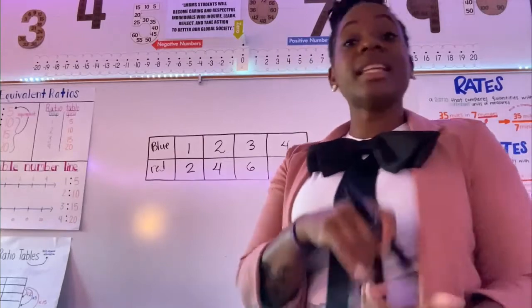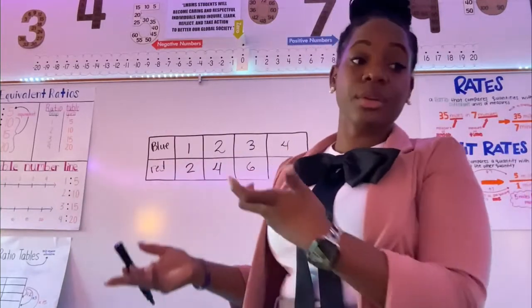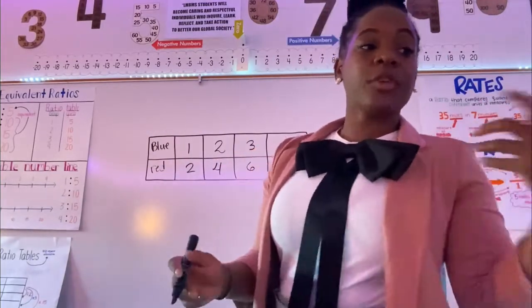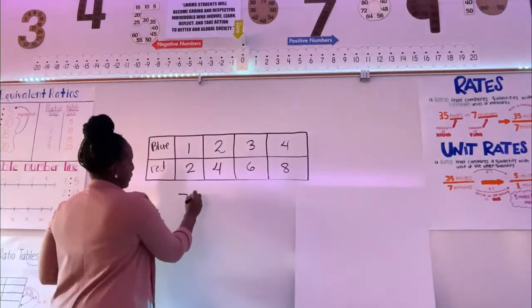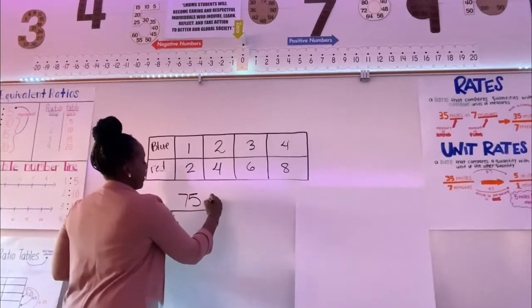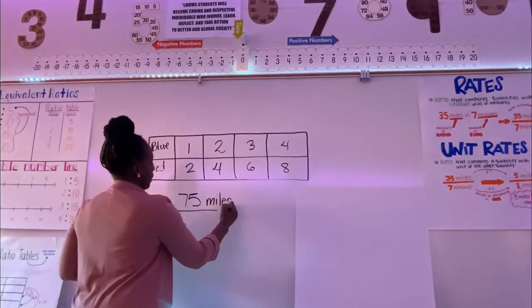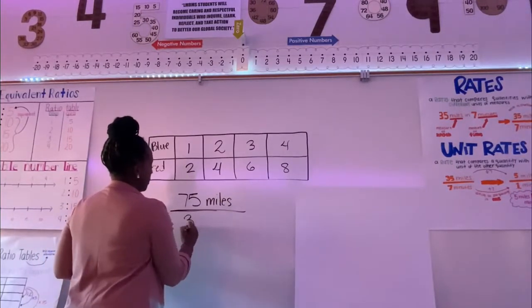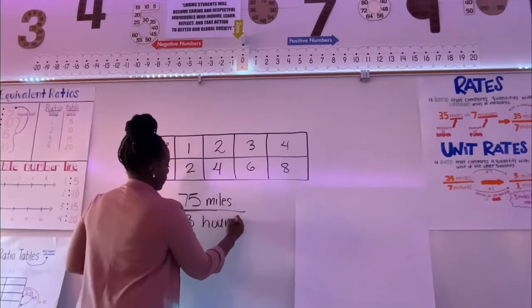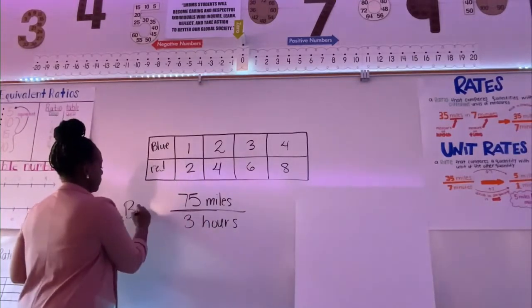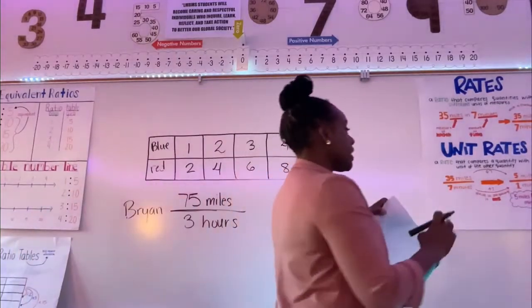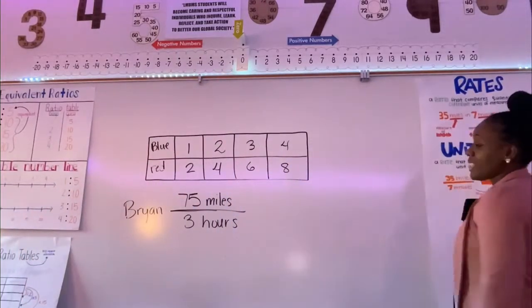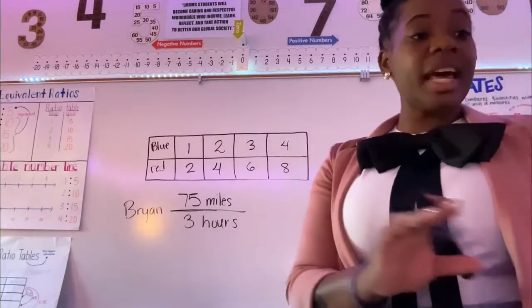But if I take the next one, right, and create a unit rate based off of that. So for Brian's, his is 75 miles for 3 hours, and this represents Brian. And then we have Shanice, right? If we look at the graph, we trace left to right first.